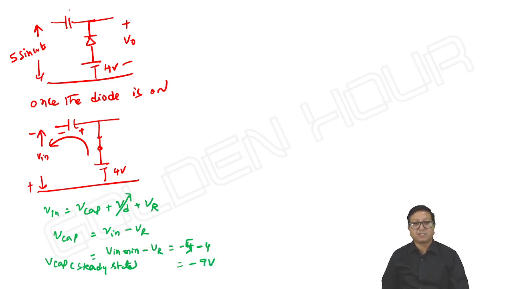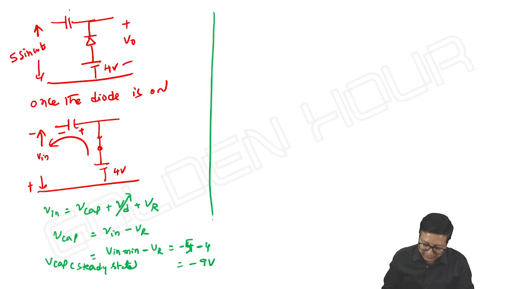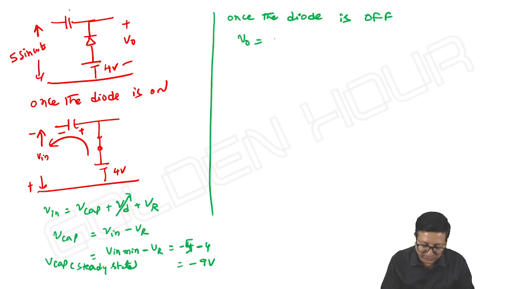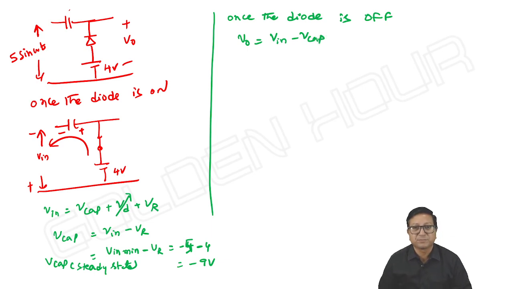The capacitor will charge up to minus 9 volts. Okay, this is the idea. Once the capacitor is charged up to minus 9, and the diode is off, then V output is equal to V input minus V capacitor.